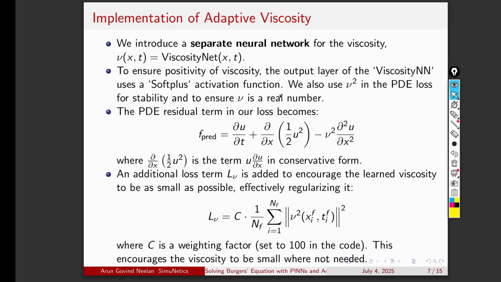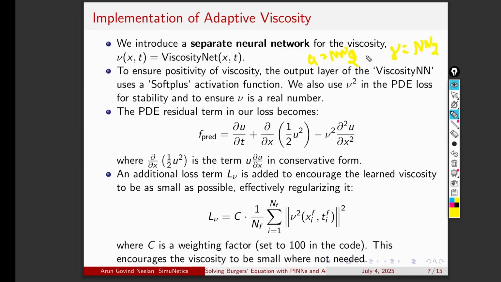So what we already know is that we always use a neural network to approximate U. U is approximated using a neural network. Let's say that is NN. Similarly, we will also have another neural network which approximates the viscosity. Maybe I will call it N nu.